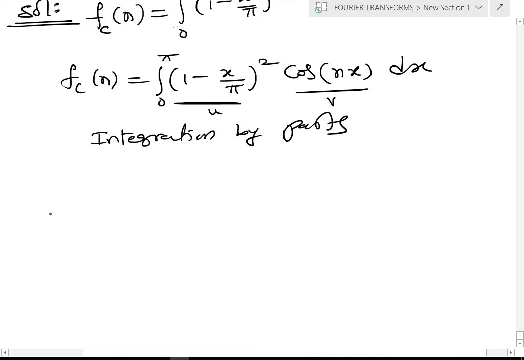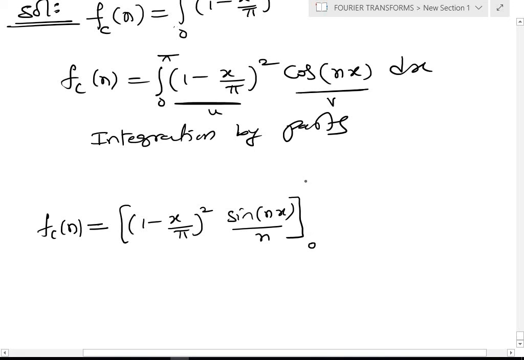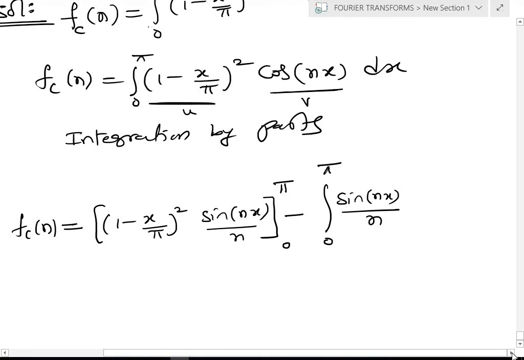Okay. Fine. So what will happen to this? The first will be Fcn is equal to the first term, that is 1 minus x by pi whole square into sine of nx divided by n, with the limits from 0 to pi, x is 0 lower limit, x is pi upper limit, minus the integration of sine of nx divided by n times the differentiation of 1 minus x by pi whole square. The differentiation I have is 2 into 1 minus x by pi.